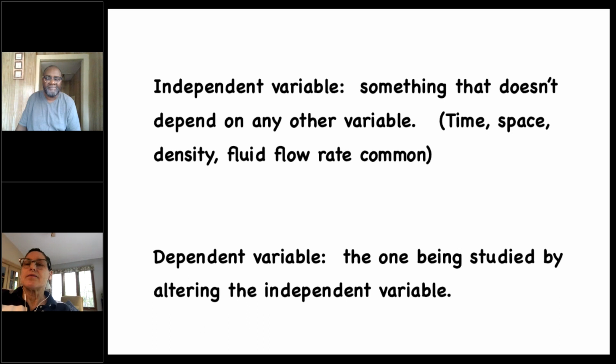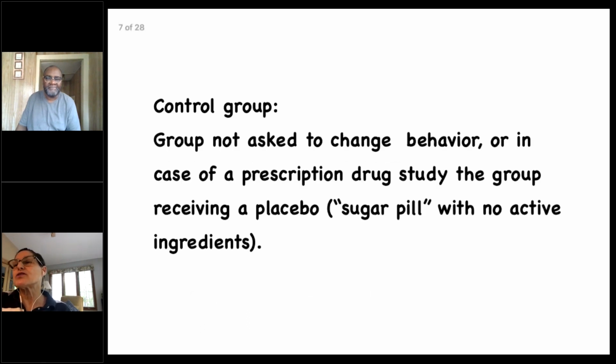Okay, and a control group. You've probably heard about a control group in prescription drug studies. This is the group that's not asked to change their behavior, or in a prescription drug study, they don't even know that they're the control group, but they're getting a placebo, like a sugar pill with no active ingredients.